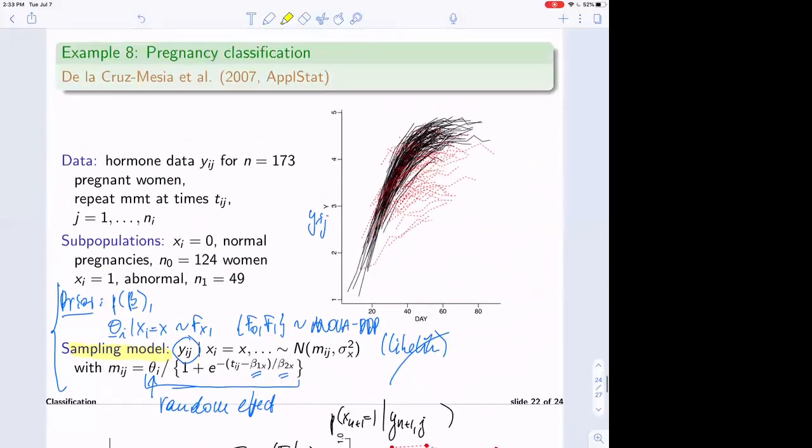Good question. Honestly, I don't have a good answer. A cheap answer: when you stare at these hormone measurements and the data on the right side, there's an obvious pattern to them, right? They rise and then they level off.